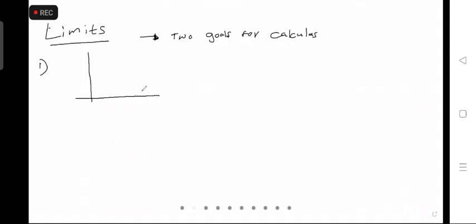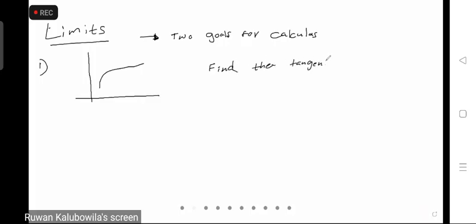So what are those? Let me say. First one is, you have a function. Then the first goal is to find the tangent to a curve at a point.